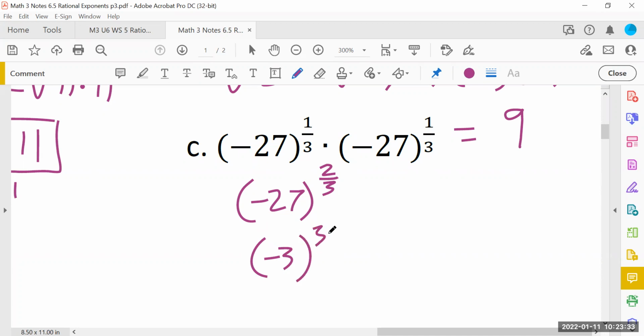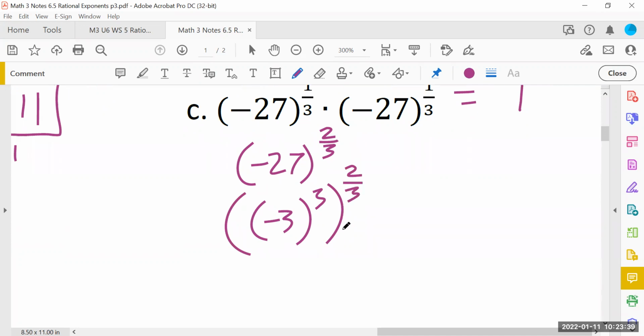Technically, it would be the third power raised to the 2/3. When I raise a power to a power, I multiply them. 2/3 times 3 is just 2. -3 squared. -3 times -3 is +9, just like we found up here.